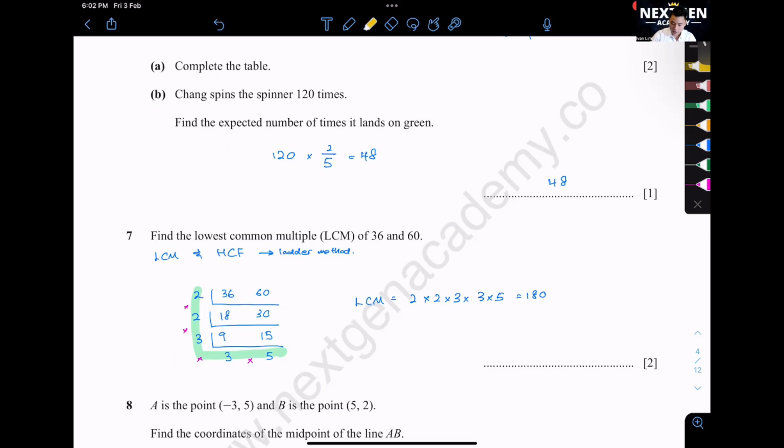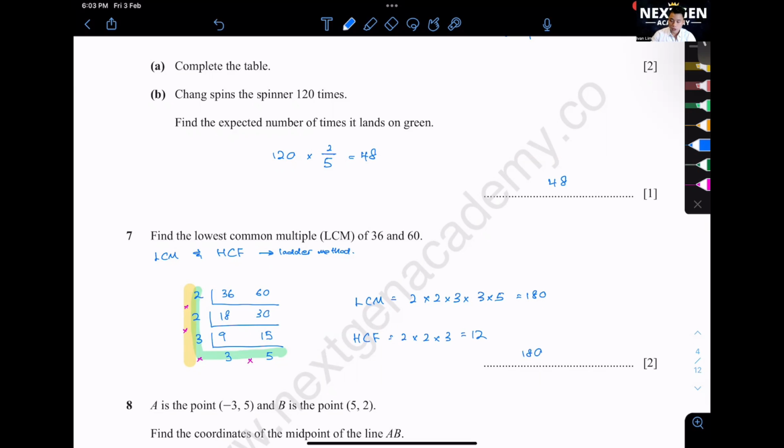If it's highest common factor, we only take everything on the left-hand side. So if they ask you to count, HCF will just be 2 times 2 times 3, which will be 12. So you don't have to do a separate method. It's just depending on where you want to get the values from.